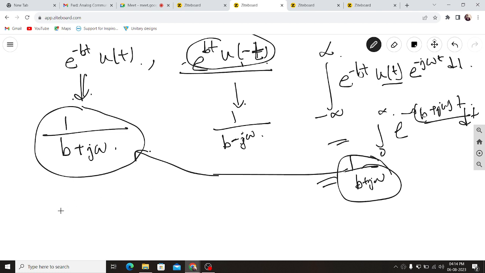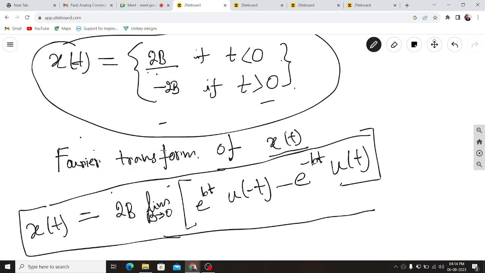So if we do the Fourier transform of the function x(t), that is just the linear combination of these two functions, and we know the actual Fourier transformation of these things. Also, the Fourier transformation follows the linearity property.